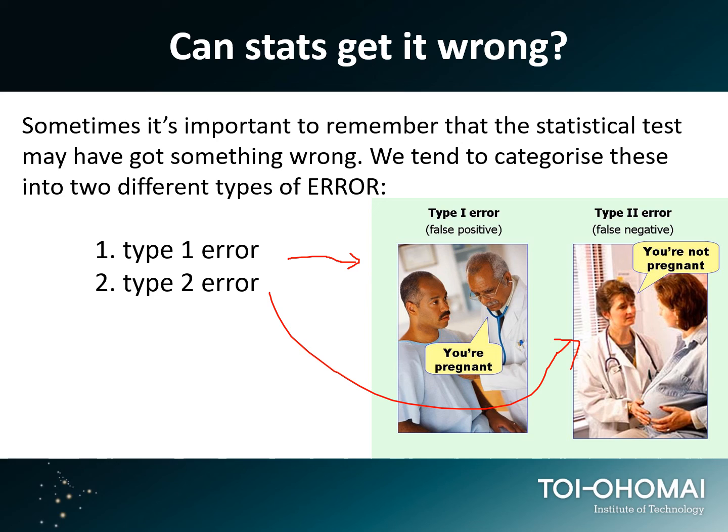So that would be the case where we got a 0.15 for the women smoking, and we failed to reject the null hypothesis. We concluded that we couldn't conclude that smoking had an effect on lung capacity, when in fact it does.